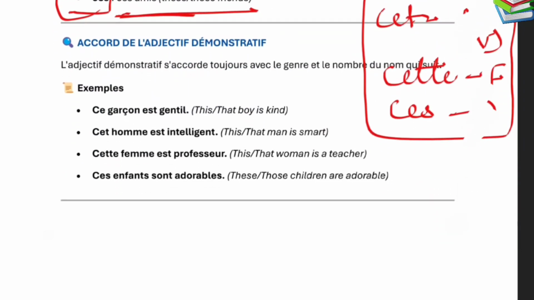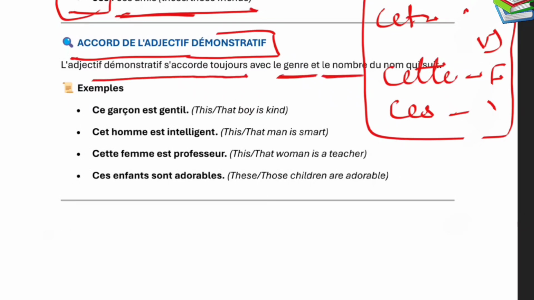Okay, moving ahead. The same thing, accord. L'adjectif démonstratif s'accorde toujours avec le genre et le nombre. So basically, it qualifies a noun in its number and gender both. Okay, example, ce garçon. This boy, given garçon, the gender of garçon is masculine. We are using ce. This or that boy is kind. Okay.